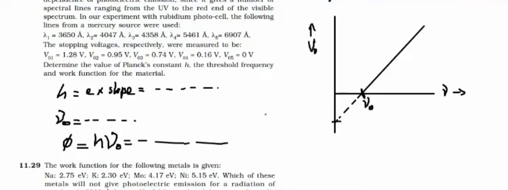Now next, question 29. Work functions of a few metals are given there: sodium, potassium, molybdenum, nickel, etc. Now the radiation of a given wavelength is placed 1 meter away from the photocell.